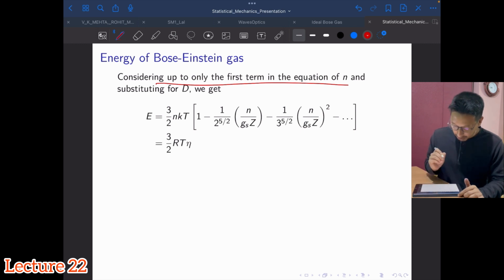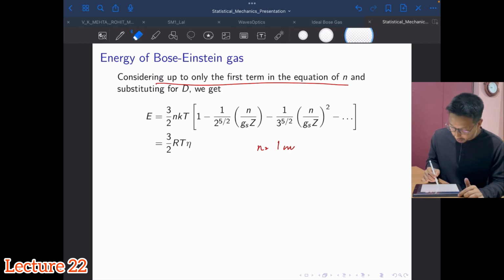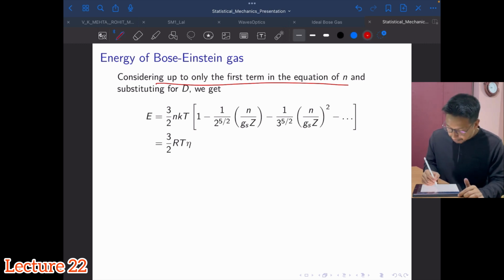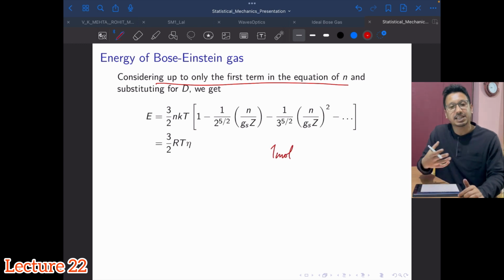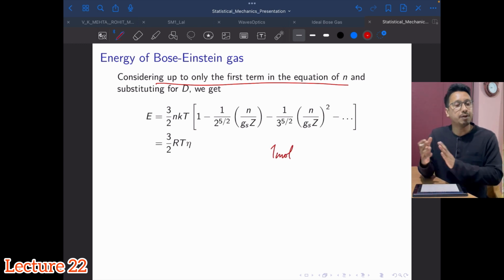Now let's consider 1 mole of gas. Sorry, it's not n, since n gives the total number of particles. For 1 mole of gas, how many particles?